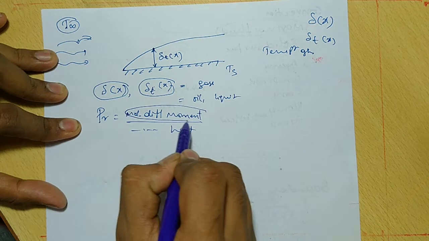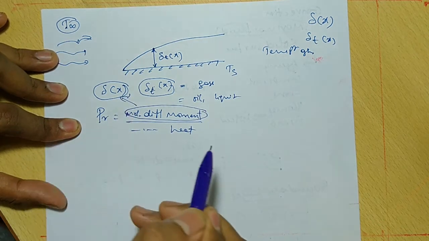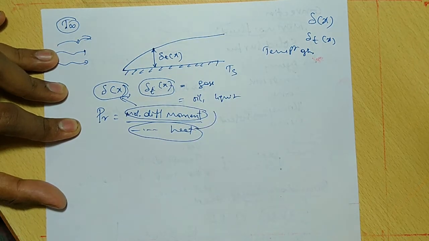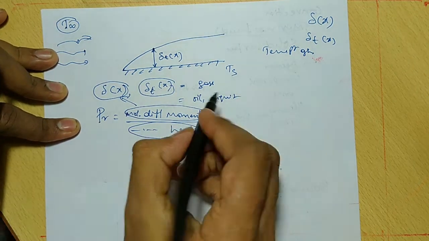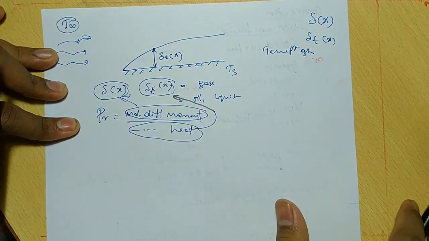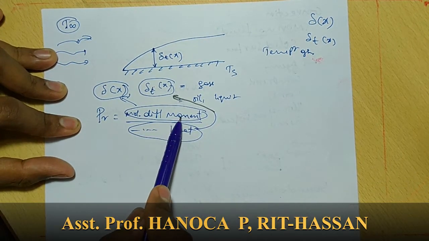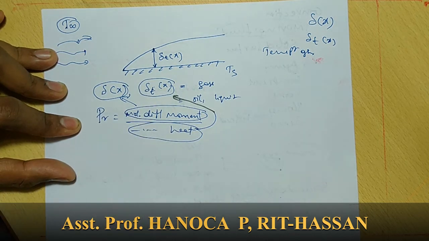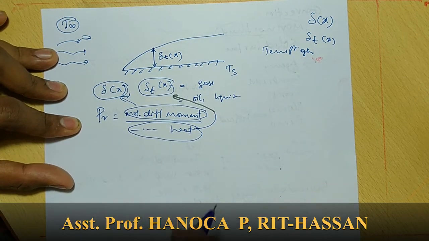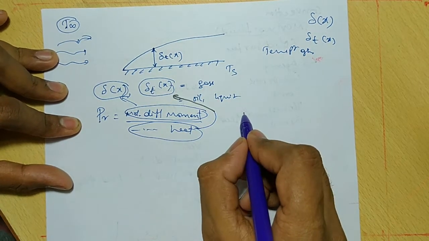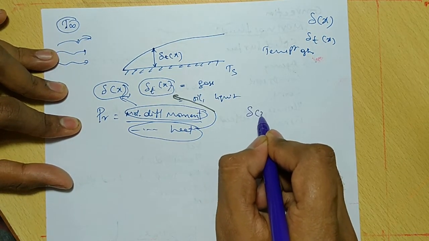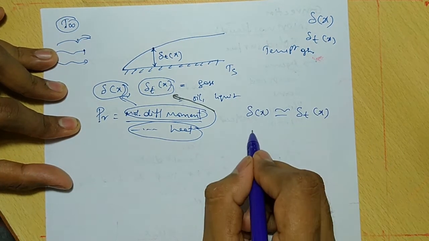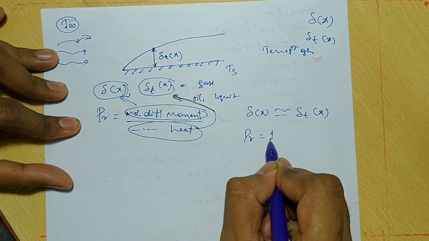The numerator parameter is related to the velocity boundary layer, delta x, and the denominator is related to the thermal boundary layer thickness, delta T of x. Suppose delta x is approximately equal to delta T of x, then you will get the Prandtl number as 1.